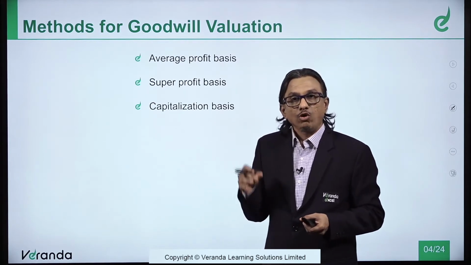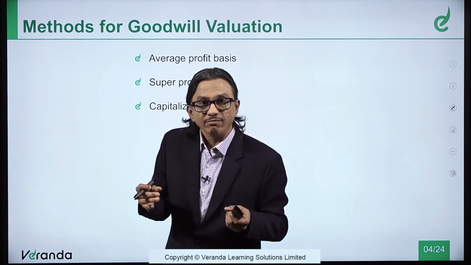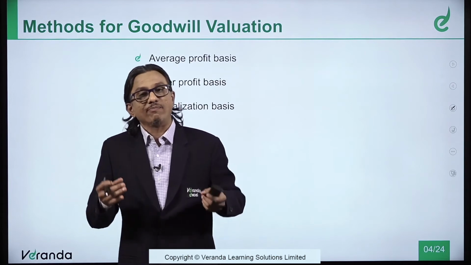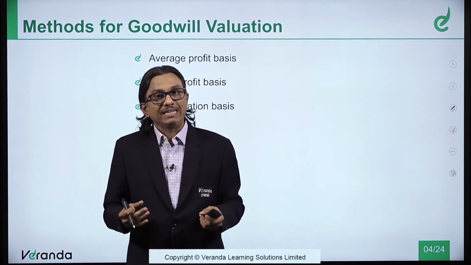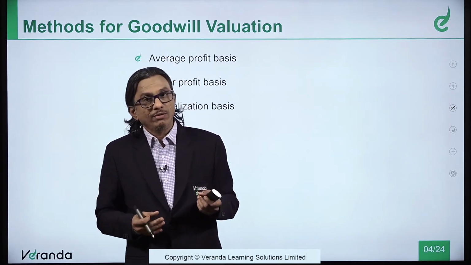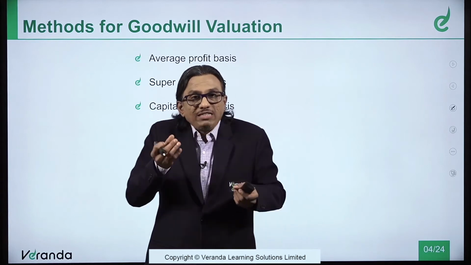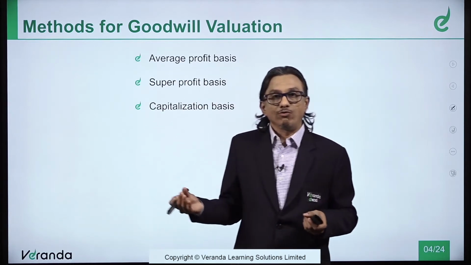Similarly, goodwill also being an asset. As I told you in the beginning, if a business has a goodwill, necessarily it will earn better profits. So therefore, the consequence of goodwill is profit. Hence, profit is the basis for valuation of goodwill.